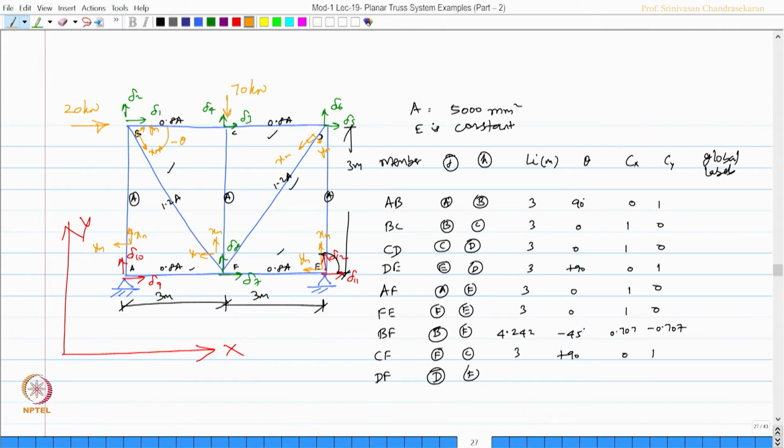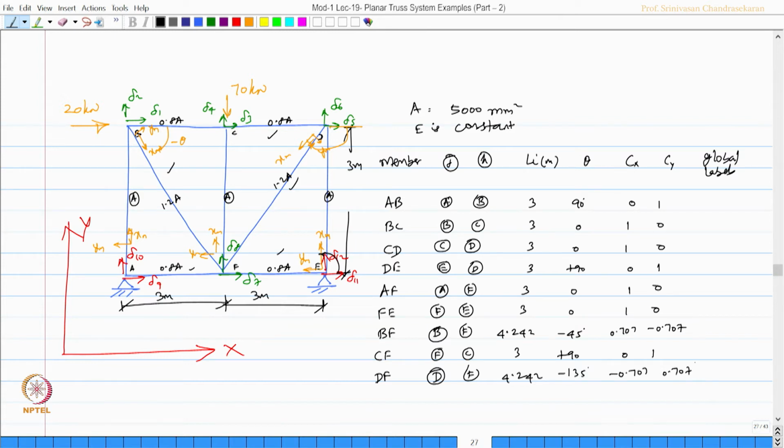Remember, from XM it is anticlockwise. Okay. So, XM measured from this angle will be 135. So, I should say the length is 4.242, okay. It is 135 degrees. Therefore, this becomes minus 0.707 and this becomes 0.707.